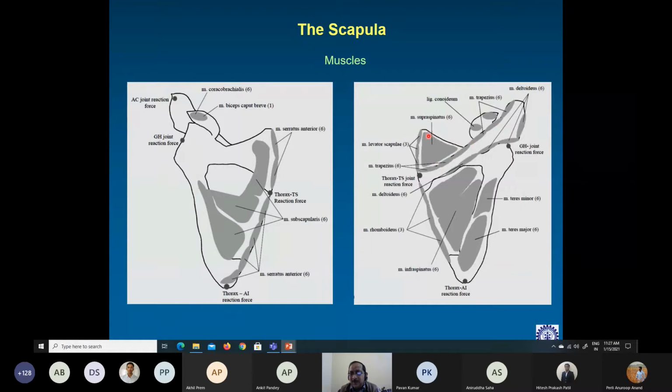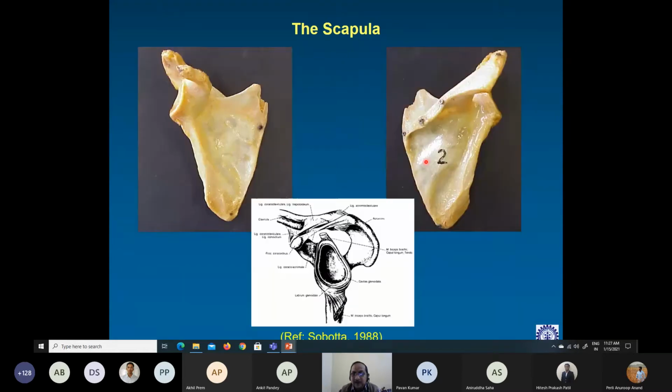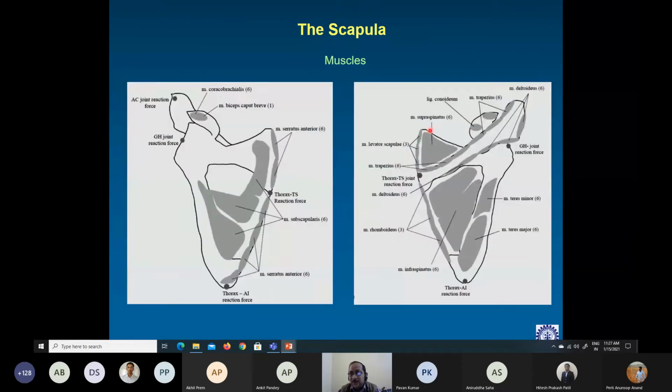So on the fossa area, the thin laminated structure, if I go back, you can see here, this is the fossa area, the supraspinous fossa, and there's the infraspinous fossa. On this supraspinous fossa, the muscle which is attached is supraspinatus. So quite a large muscle attachment site, and we have 6 lines of force.